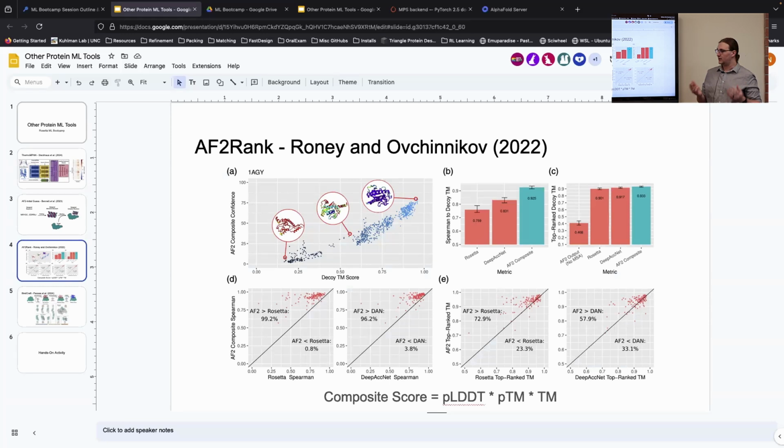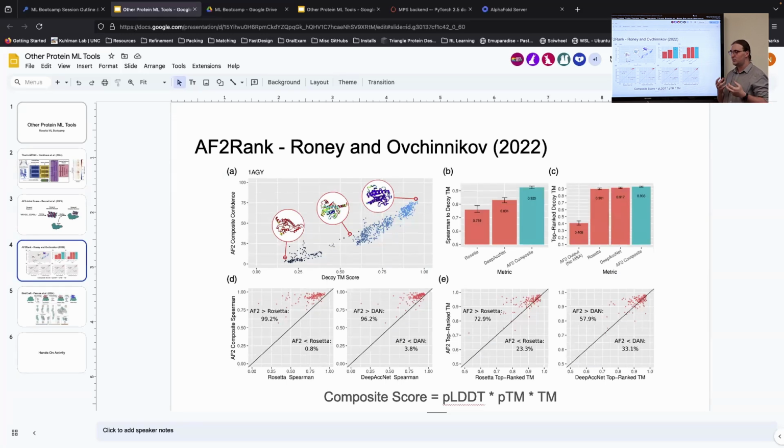I think this is just a really convenient way of testing decoys and assessing their quality. What Sergey and Roney found was that AlphaFold's confidences are really good at figuring out what works and what makes a good structure, what makes a good interaction.